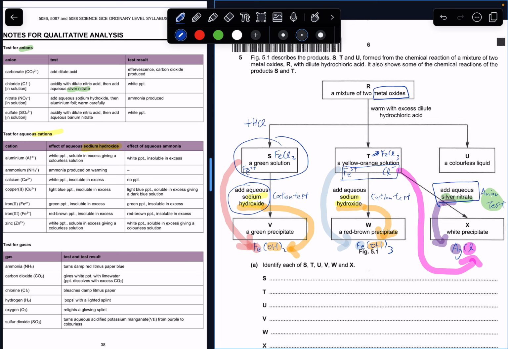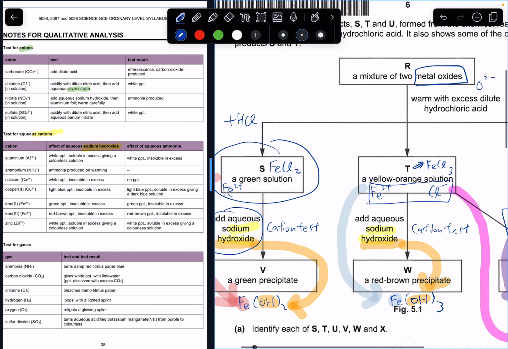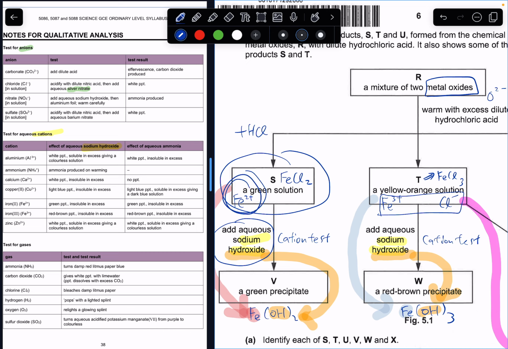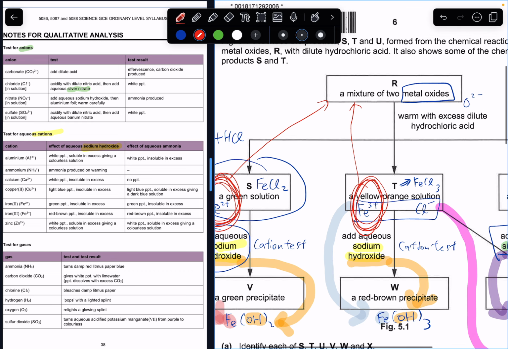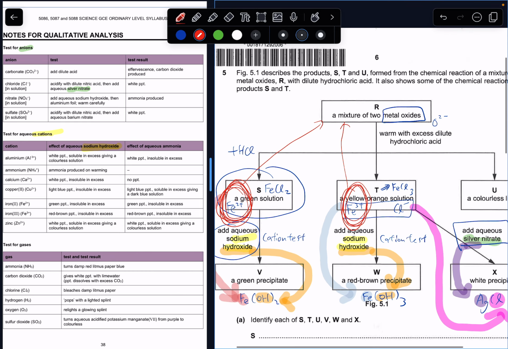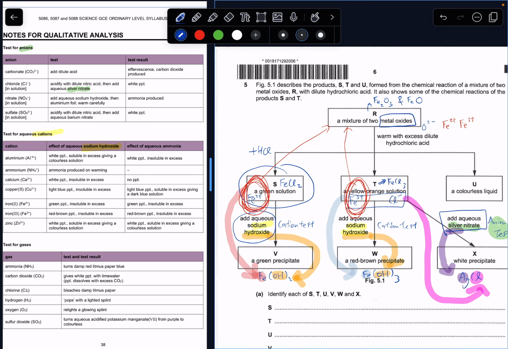So that means there is O2-. Then you look carefully. Here got Fe2+, here got Fe3+. Where did they come from? They came from R. Therefore, R has Fe2+ and Fe3+. That means this R is actually a mixture of Fe2O3 and FeO. So that's how you solve this question.